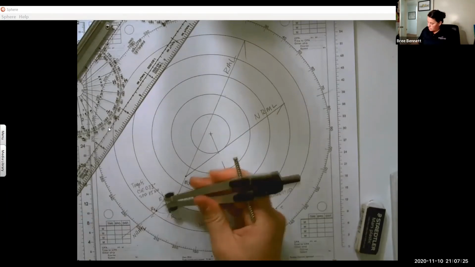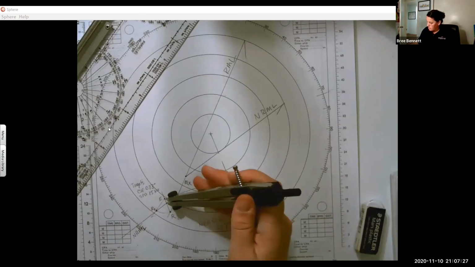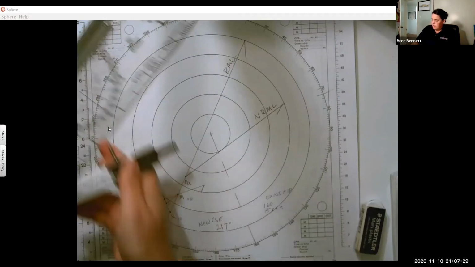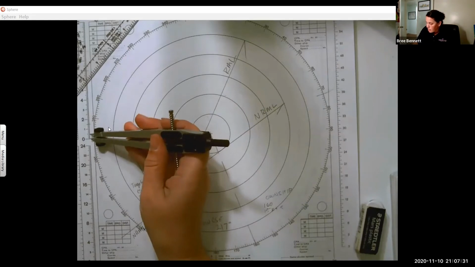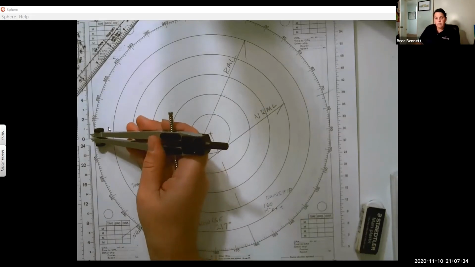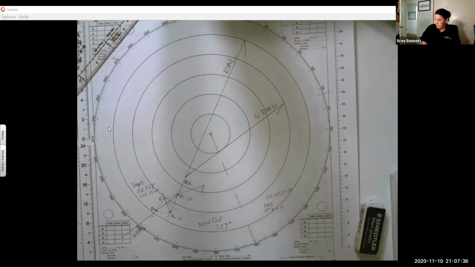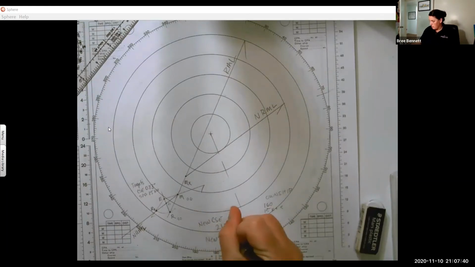So if I wanted to change to a different speed, I would slow down to 5 knots. New speed, 5 knots.